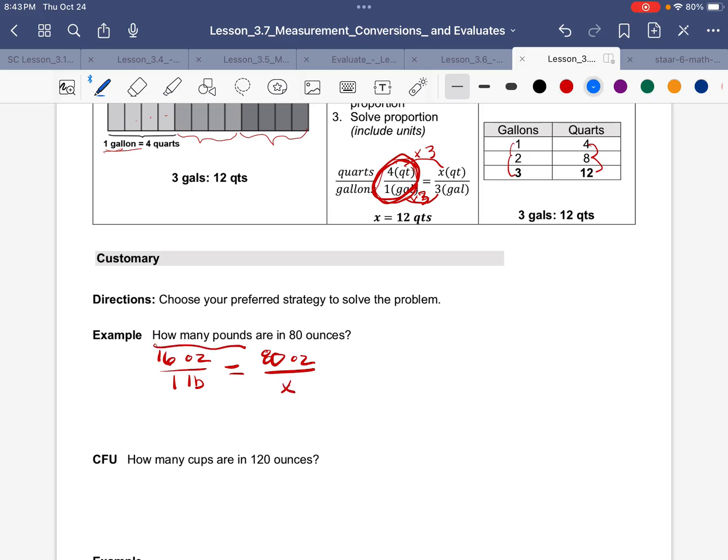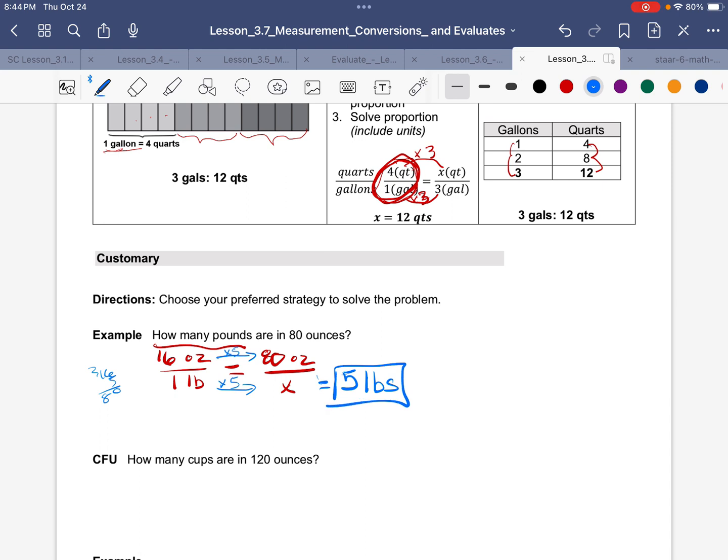With that being said, to go from here to here, I know that 16 times 5 actually gives you 80. So from here to here, it would also be times 5 to keep our ratio equivalent. So we would end up with 5 pounds. All right.